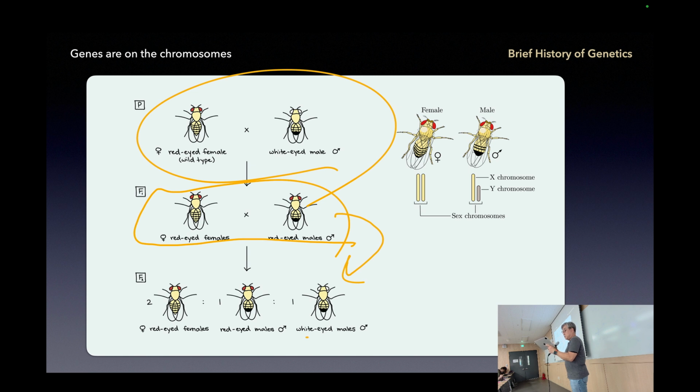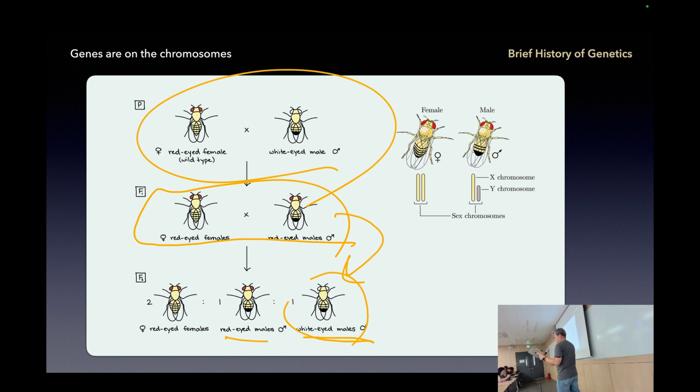The mutant form reappeared, but only in males, and only in half of them. The only way to explain this is that there are 4 chromosomes in Drosophila, and one of those is a sex chromosome, the X. Females have two X chromosomes.